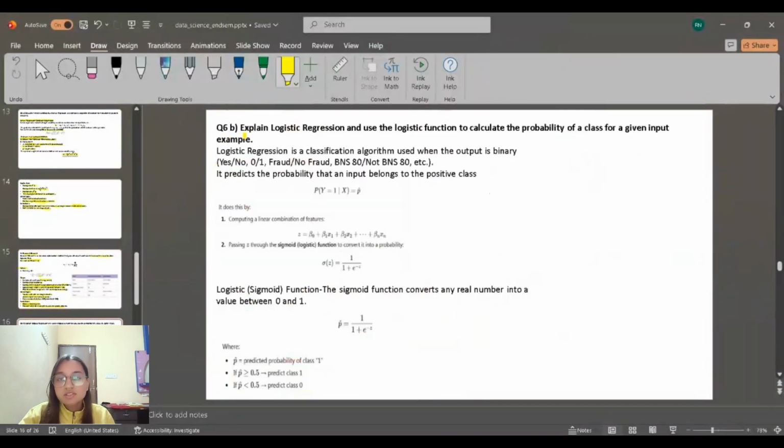Question 6b. Explain logistic regression and use the logistic function to calculate the probability of a class for a given input. Example.